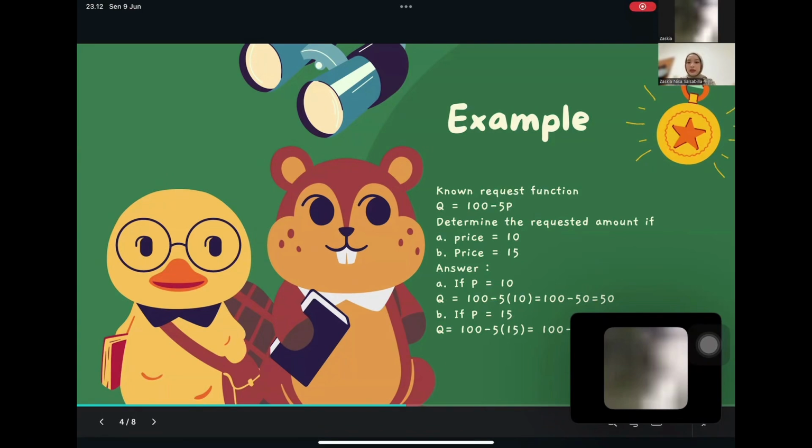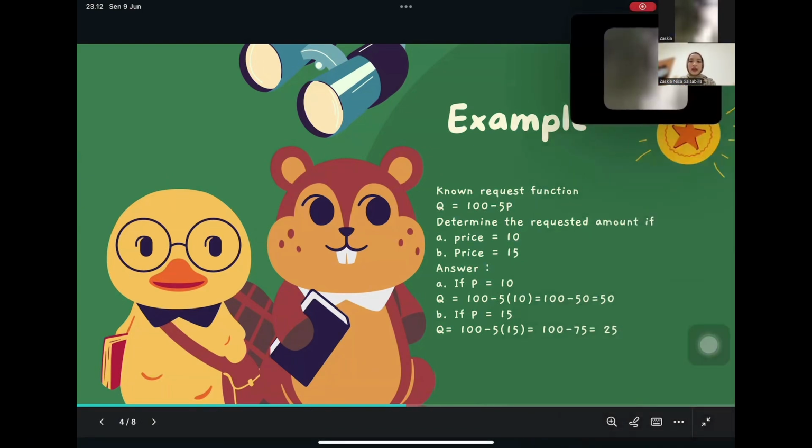Answer: A, if P = 10, Q = 100 - 5 × 10 = 100 - 50 = 50. B, if P = 15, Q = 100 - 5 × 15 = 100 - 75 = 25.